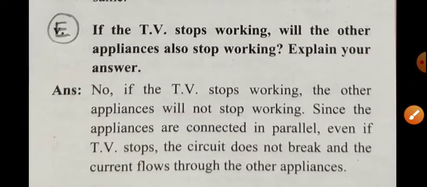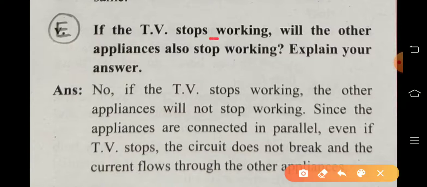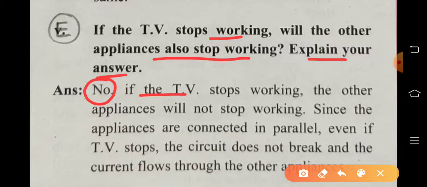Next question: if the TV stops working, will the other appliances also stop working? Explain your answer. Observe the figure carefully. So any one appliance is not working properly. The answer is no. Clear? If the TV stops working, the other appliances will not stop working since the appliances are connected in parallel.